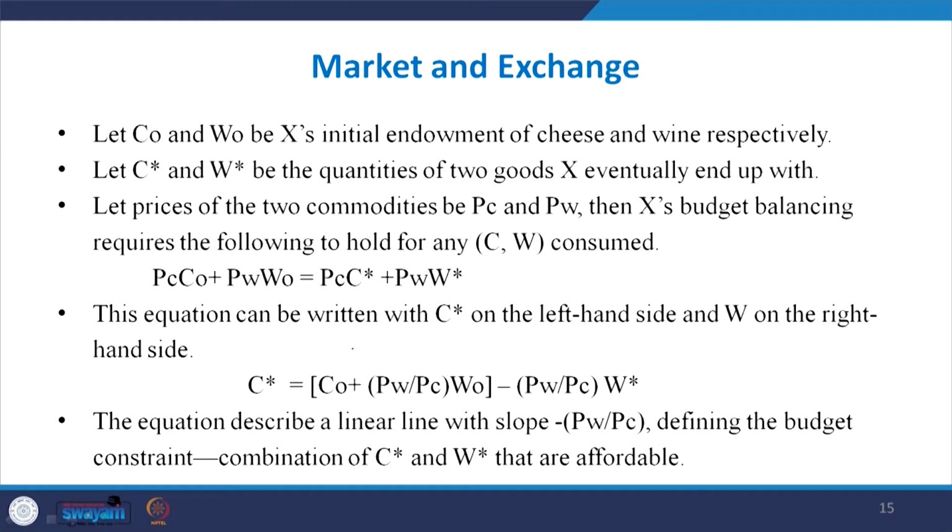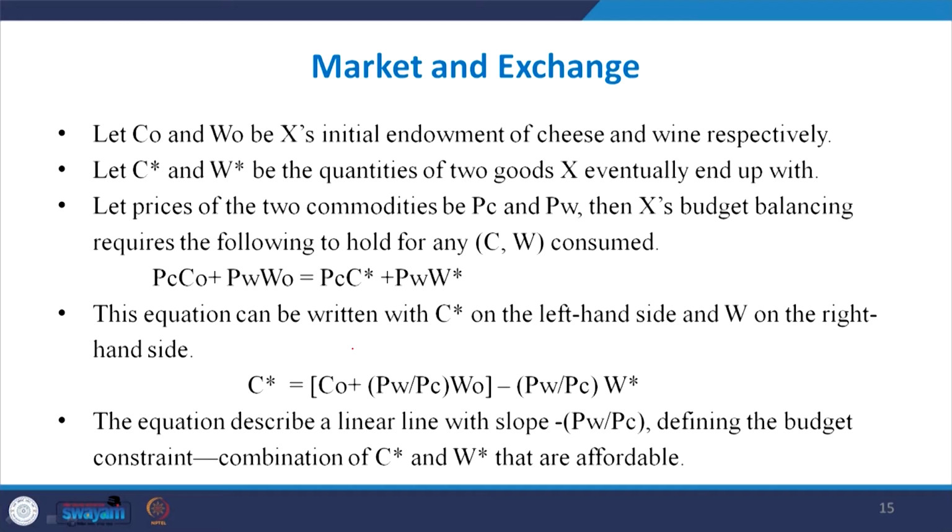and we can now make X's budget balancing equation by taking the value of the two products which are held by X. For example, if you multiply the initial quantity of cheese available to X with the market price, you will get the value of cheese.